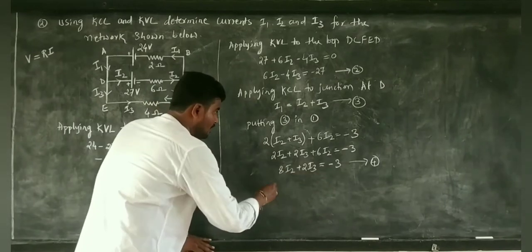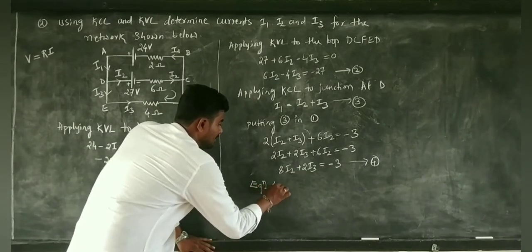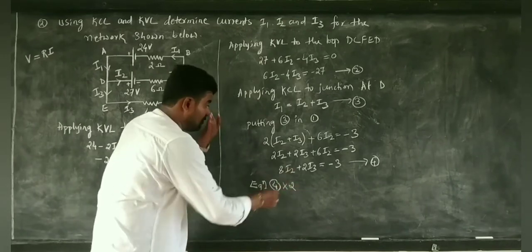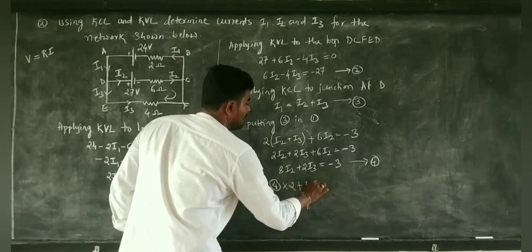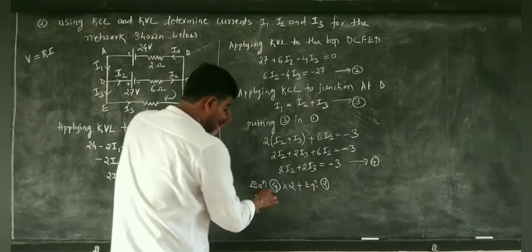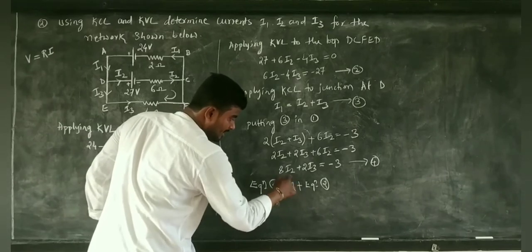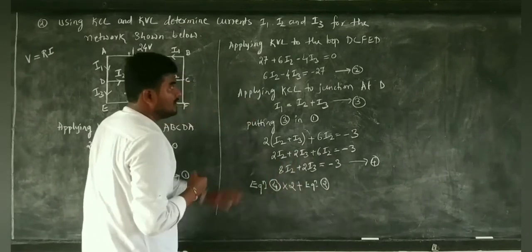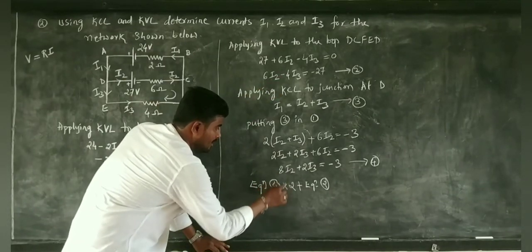For that, what I am supposed to do is, equation 4 is multiplied with 2, and it is added with equation 2. Equation 4 is multiplied with how much? 2, and this quantity is added with which equation? Second equation. So let us first multiply 2 here.